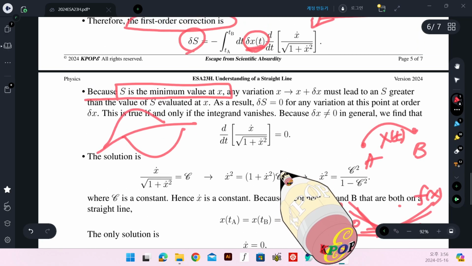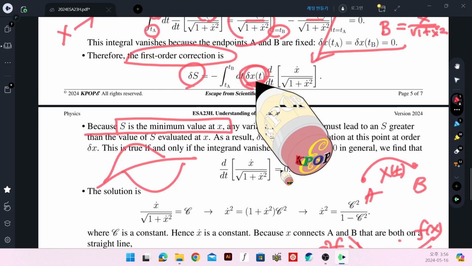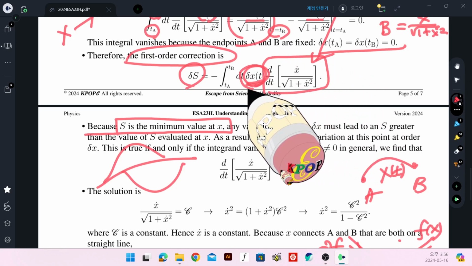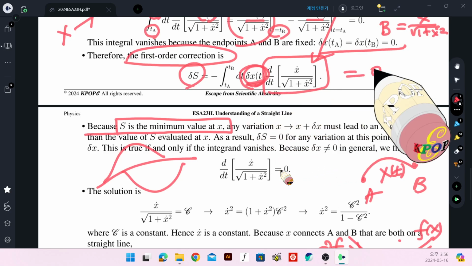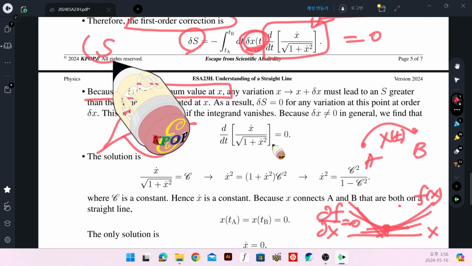So that's the reason why whatever variation you may bring in, this integral must vanish at the minimum value of s.